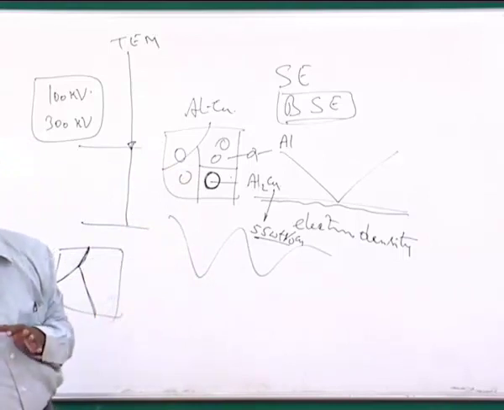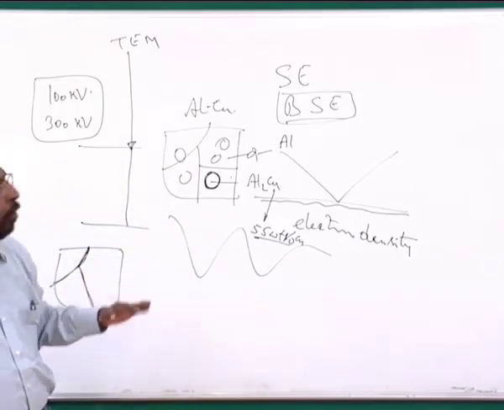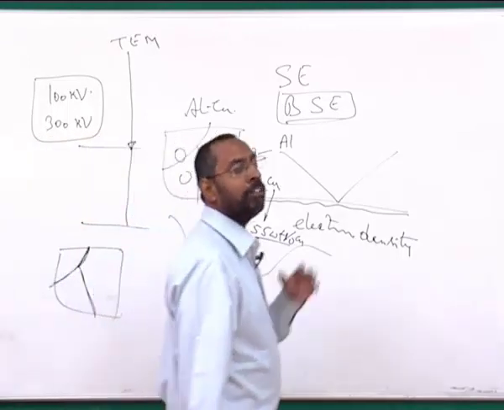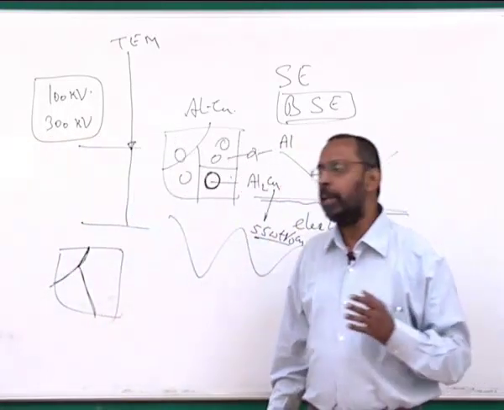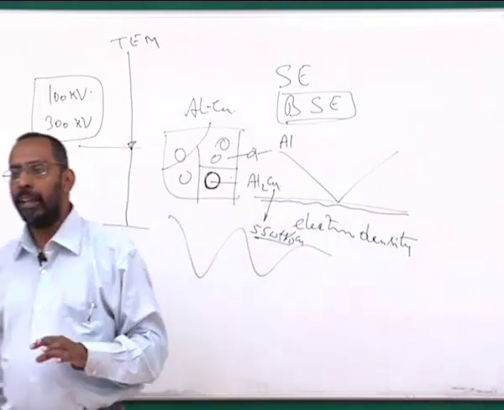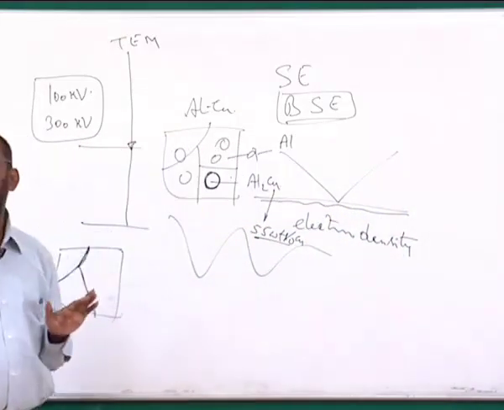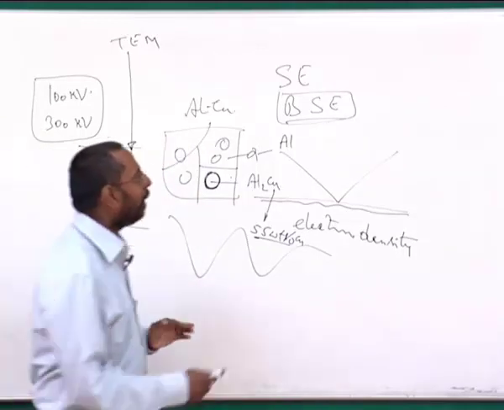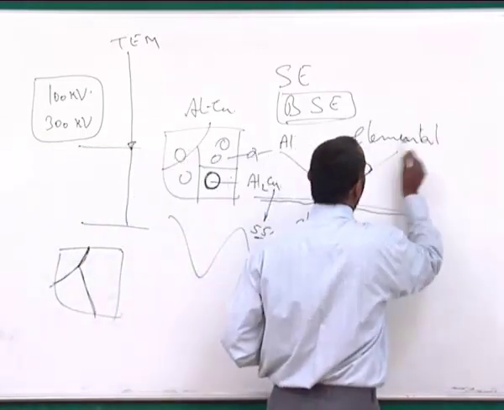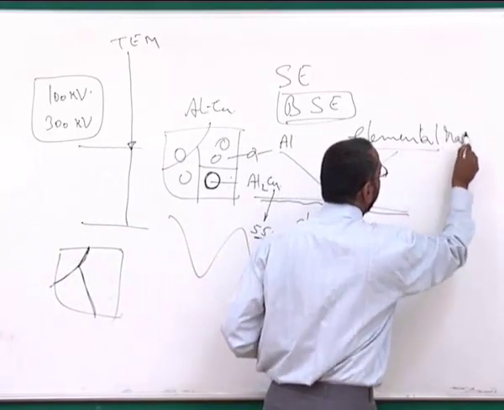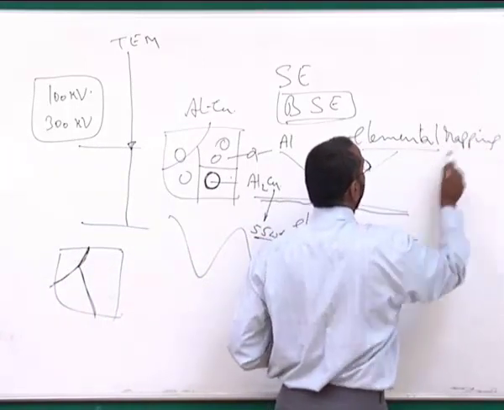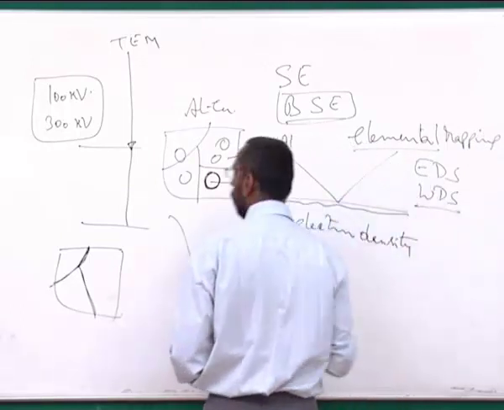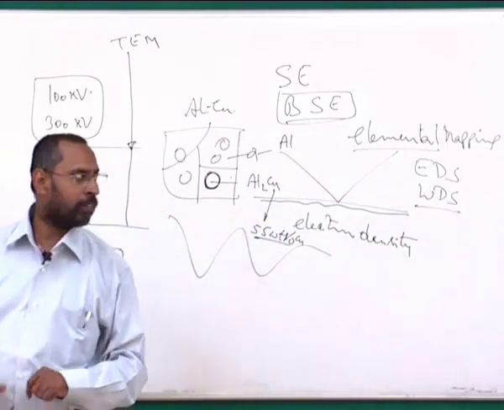Definitely not a quantitative way, because I first of all do not know what element that is. I would also not know how much of that element is present. But I will be able to tell that yes, there is an elemental distribution inside this, and we can go to the next level, where elemental mapping can be done. We will come to that a little later, using a technique called EDS or WDS, energy dispersive spectroscopy or wavelength dispersive spectroscopy.